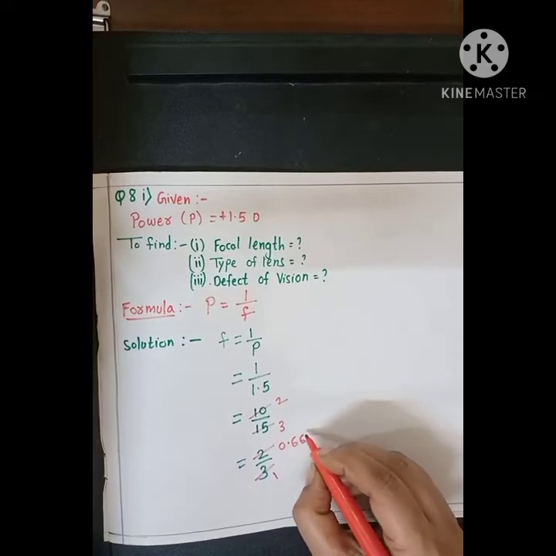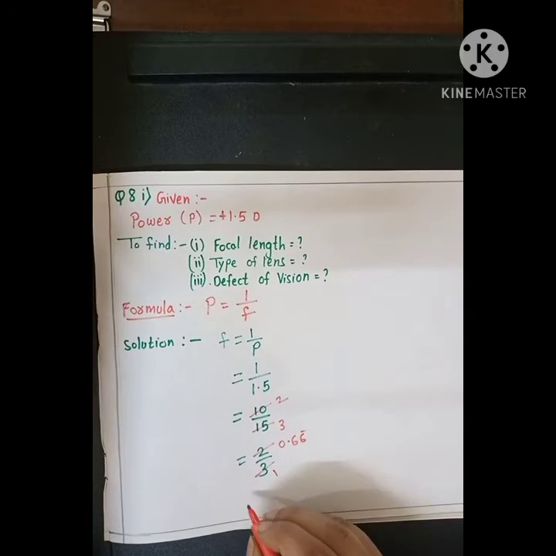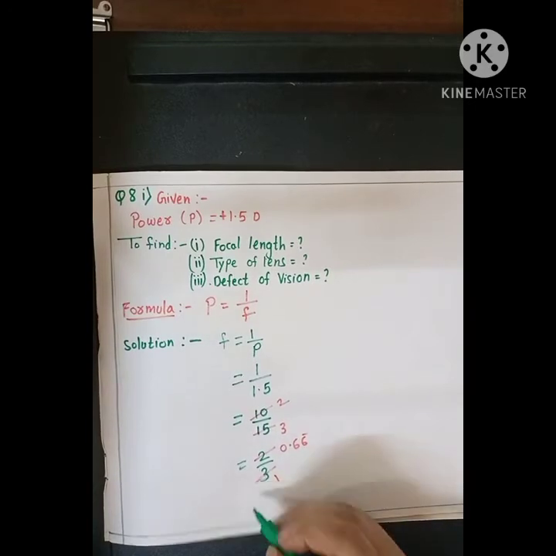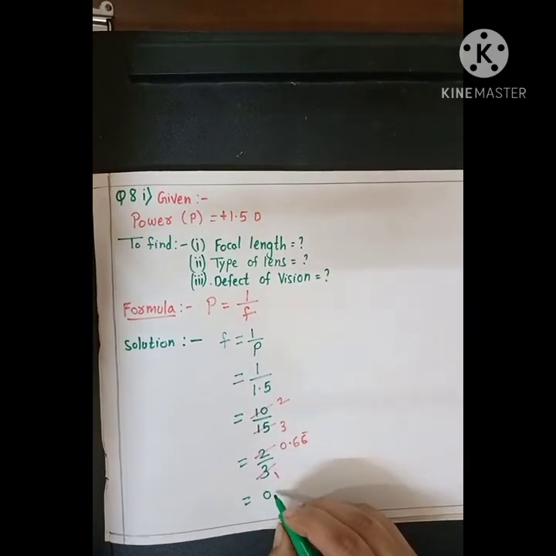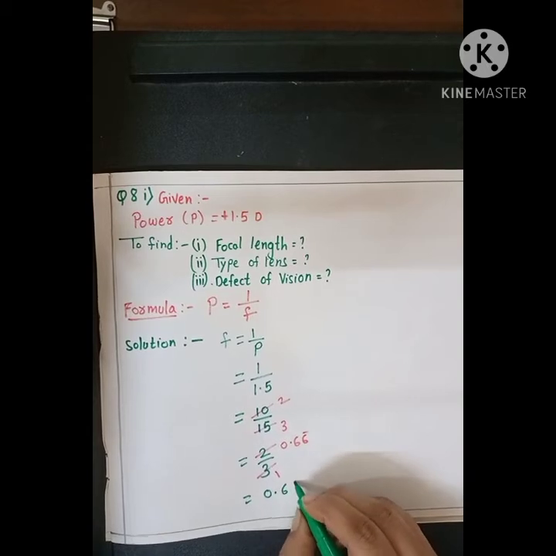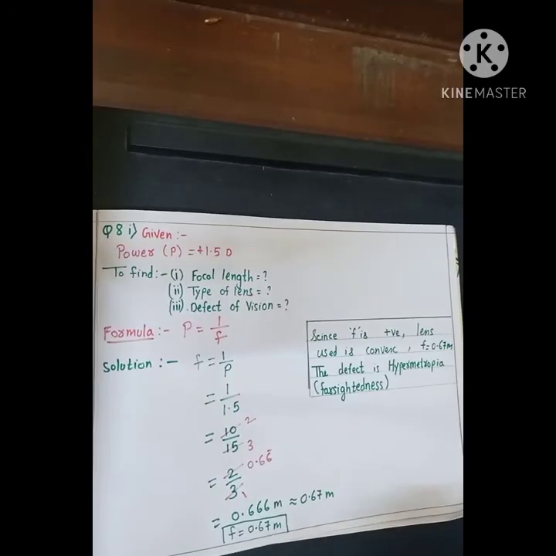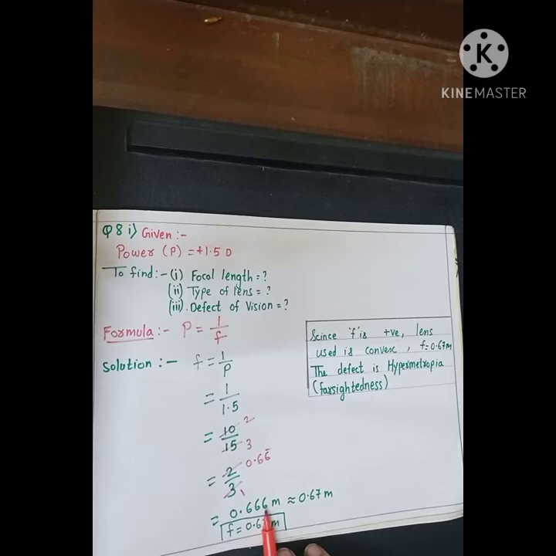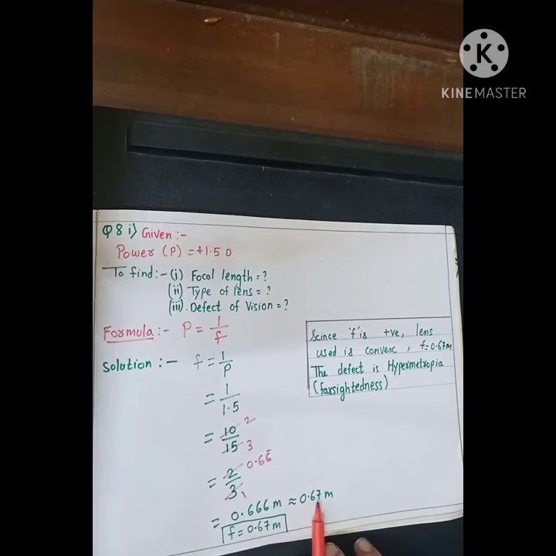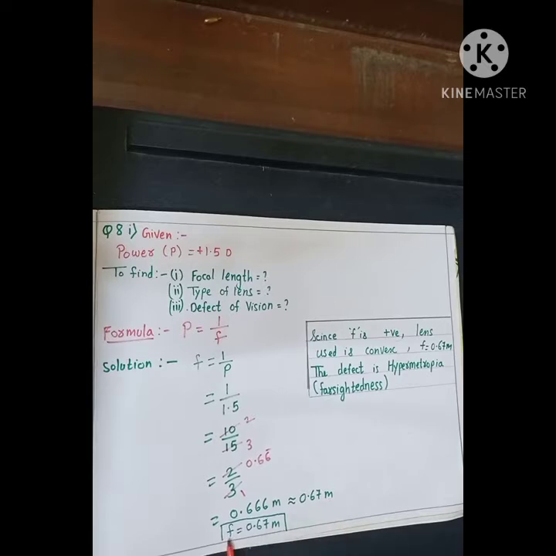So, 6 will be recurring. So, our answer is 0.666. 0.666 is similar to 0.67 and focal length is measured in meter. So, f is equal to 0.67 meter.